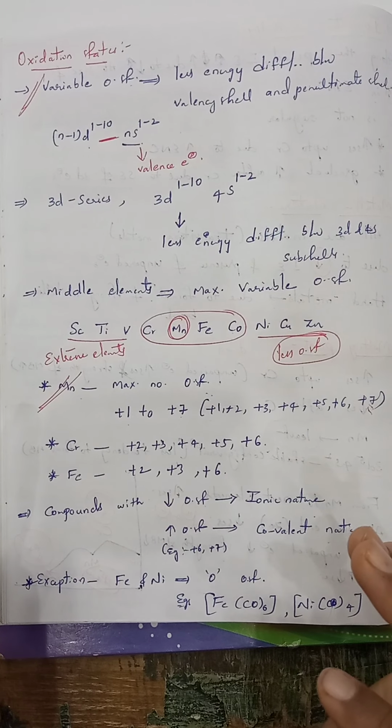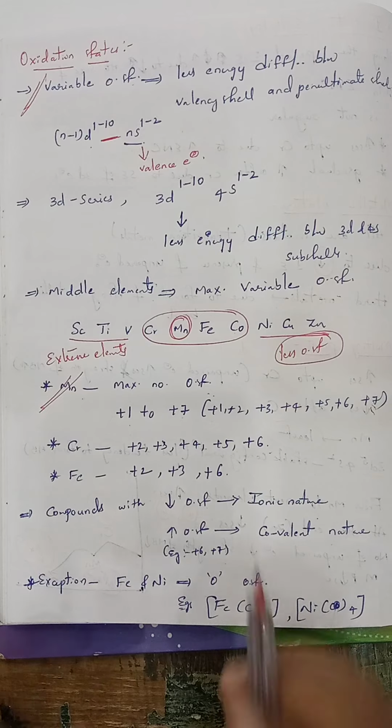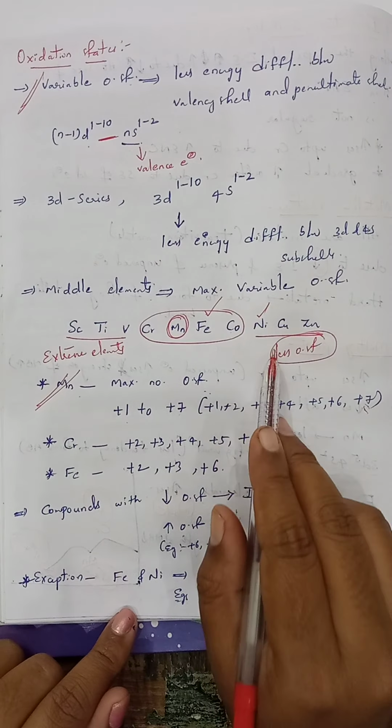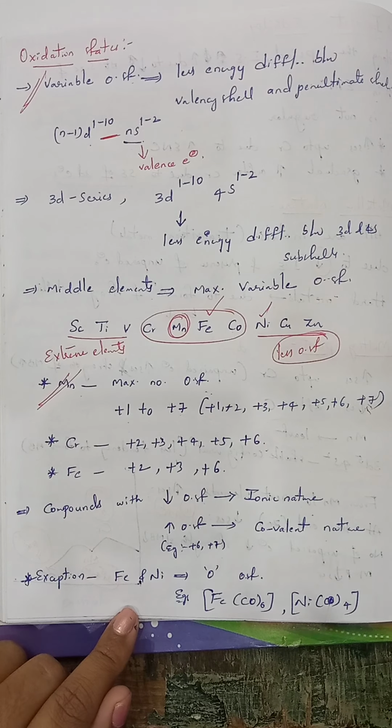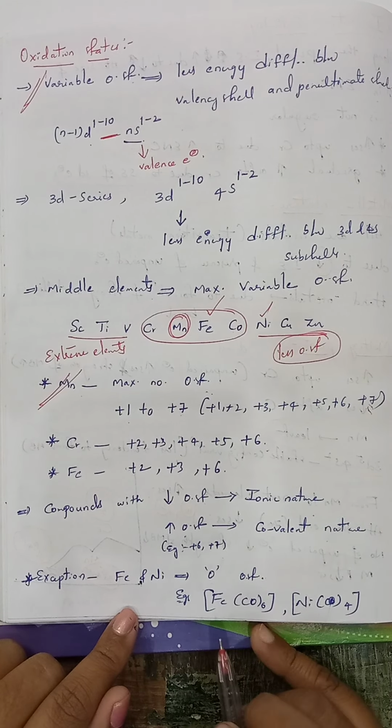There is one exception for this 3d series oxidation state, that is for iron and nickel. These two are the elements which can also show another extra oxidation state, that is the zero oxidation state.